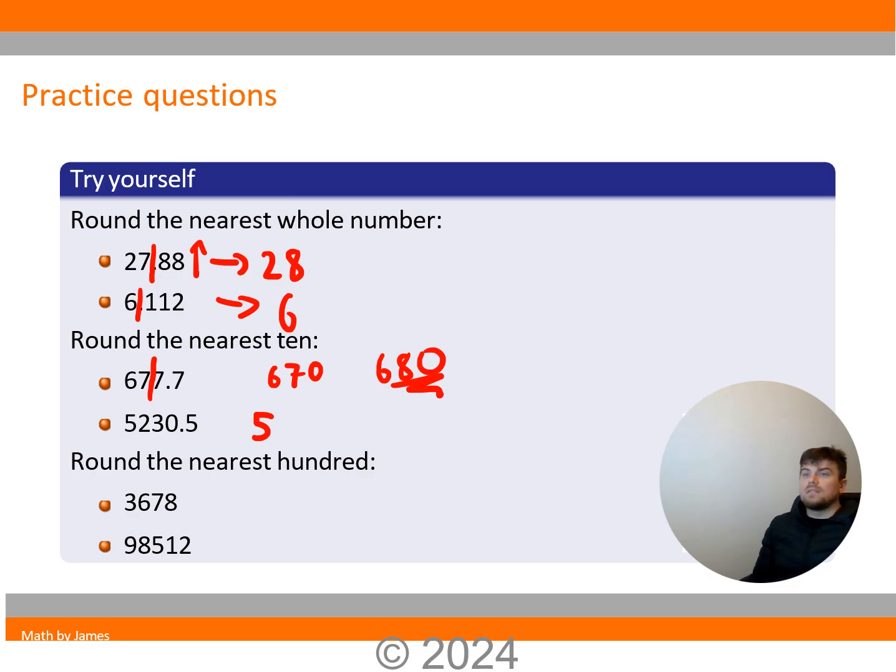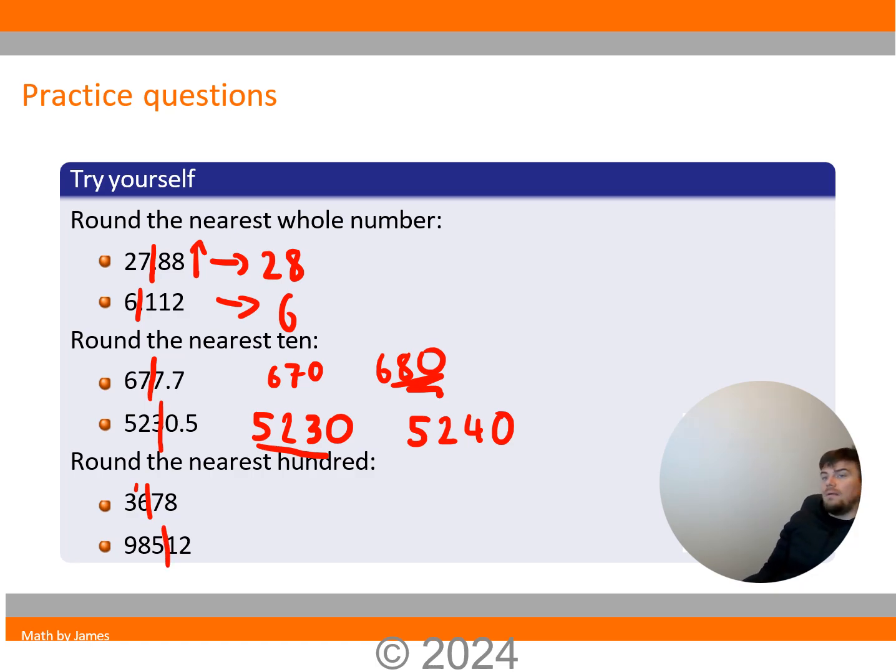Again, we know that this is between 5,230 and 5,240. So to the nearest 10, we put the line after, we've got a 0, so this would round to 5,230. To the nearest 100, again, we need to put the line after our hundreds.